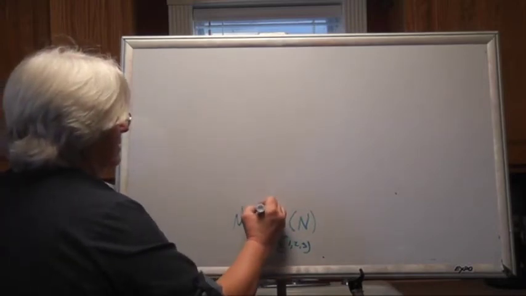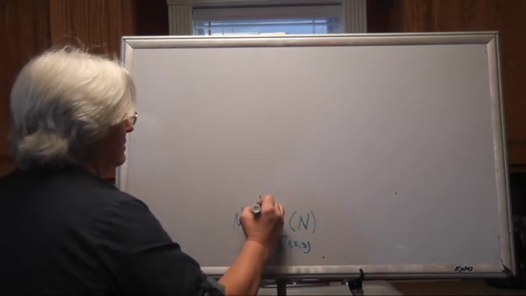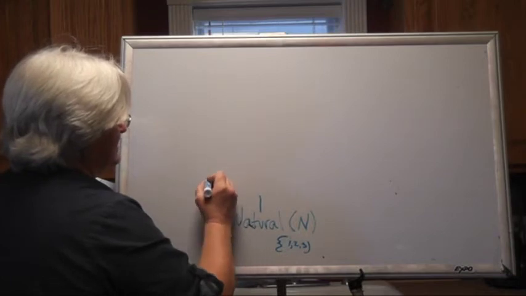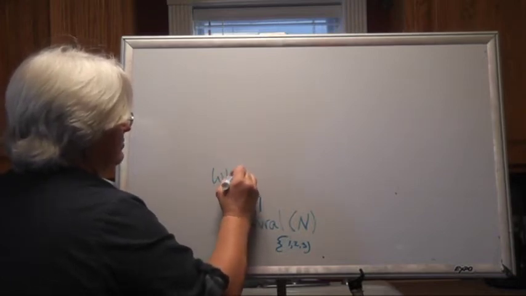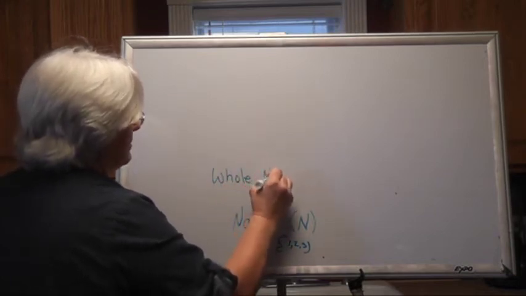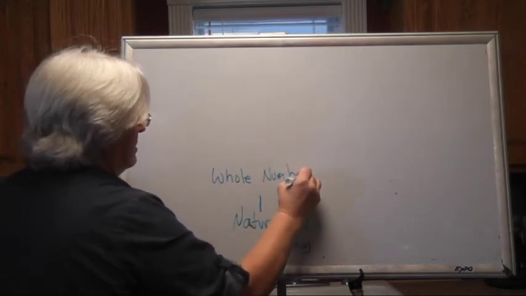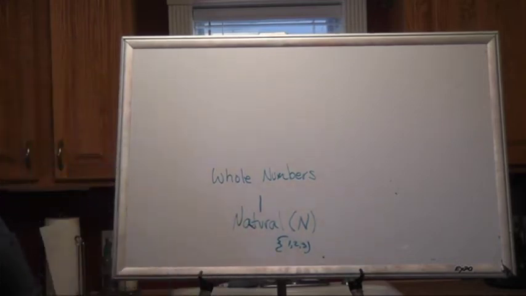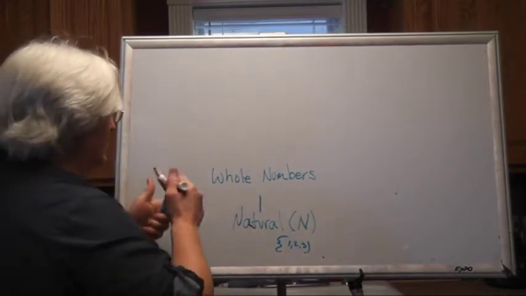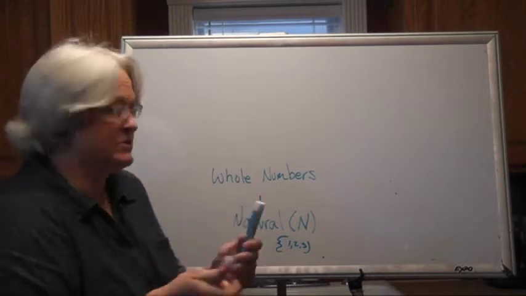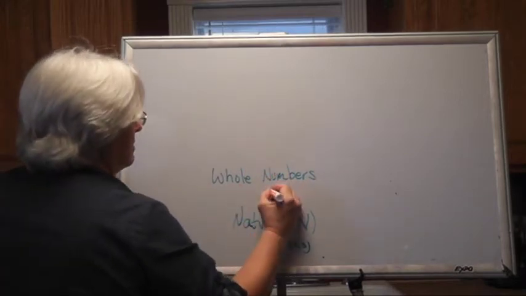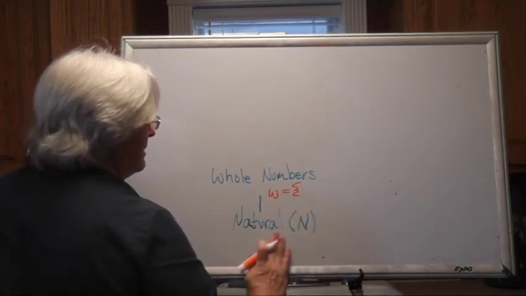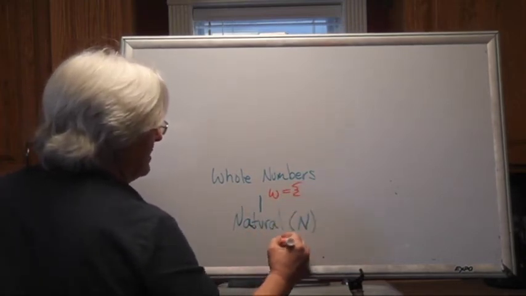And then the natural numbers are included in a set of numbers that's a little bit bigger. These are the whole numbers. And we can say that W represents the set of whole numbers. I'm going to go ahead and use some different colors here. With the whole numbers, we added an extra number to the natural numbers.